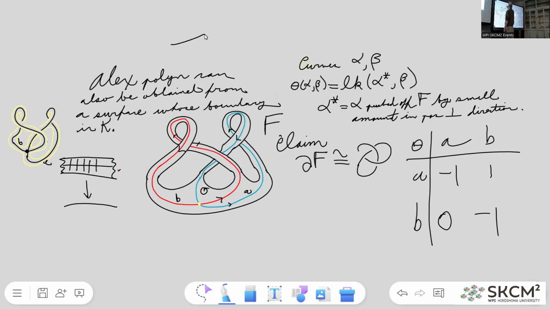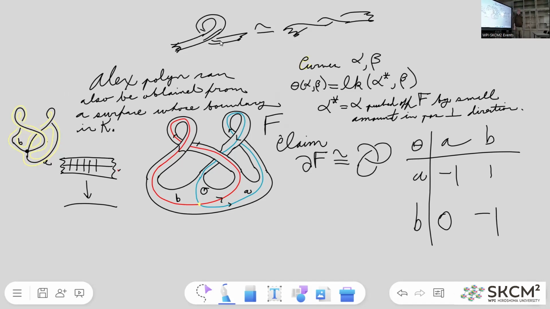And then there's one further thing that you need to be apprised of, and that is that if you have somebody like this, and then if you stretch it out, it turns into a 360-degree twist. So every time you see one of these, it corresponds to one 360-degree twist. So that's the basic thing about the self-linking.